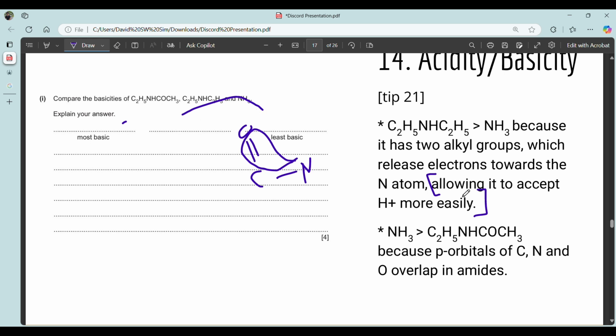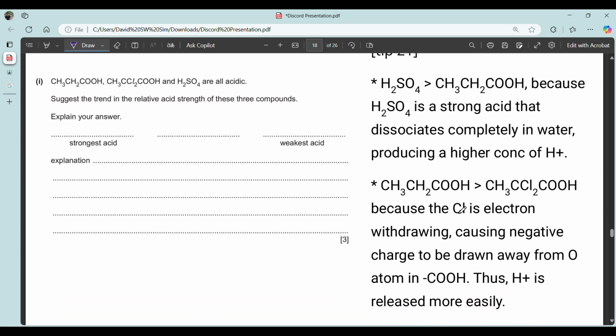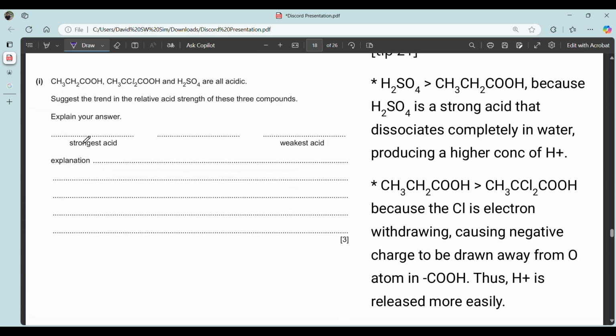And then you work in the definition for a base into one of your explanations, like I did here. For acids, it is more or less the same thing. But for acids, bear in mind, now it's about being more able to release the H+ rather than accepting the H+. So in this case, the O atom has to be less negative, not more negative.